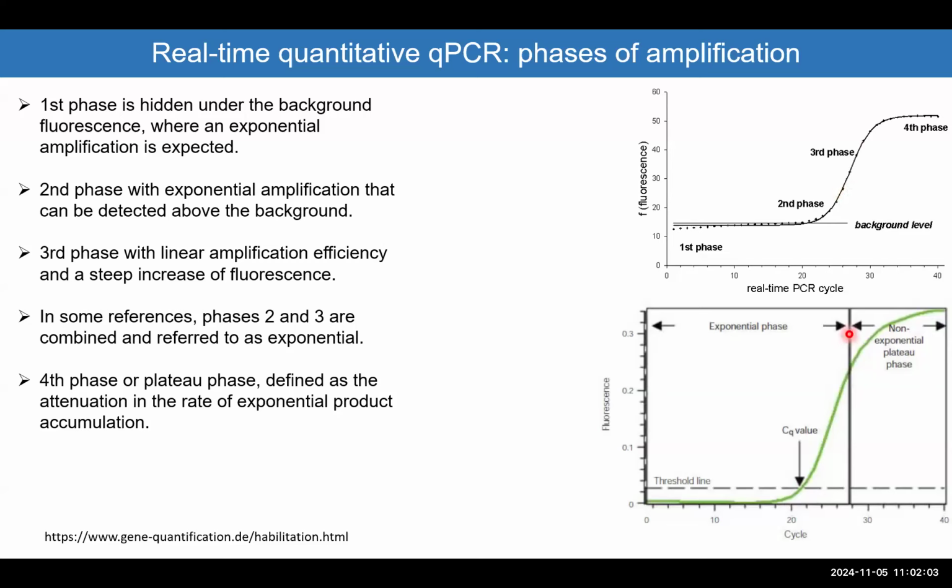Now, generally, when we are identifying a qPCR product, we would like to study the exponential phase. And the number of cycles are very important to describe how we get to the product and how we can analyze the products.